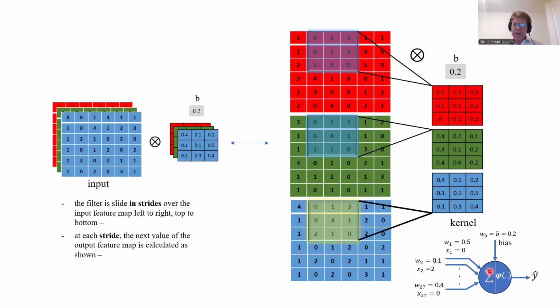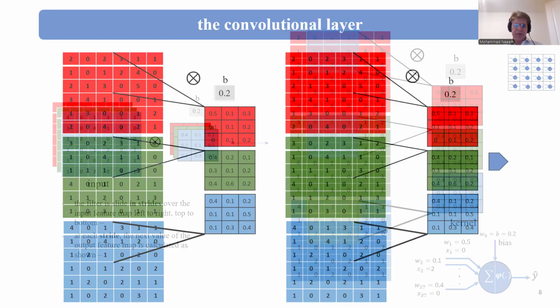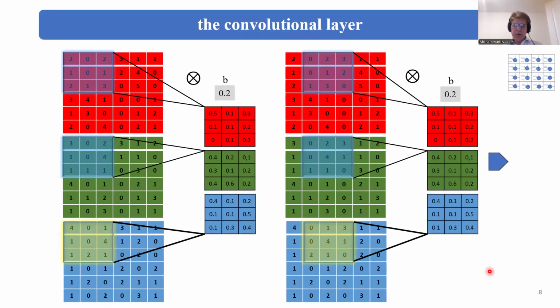And this goes on until the entire input feature map has been scanned and the output feature map has been generated. So here is a view of the two strides placed side by side in order to give you a clearer understanding of how it works.